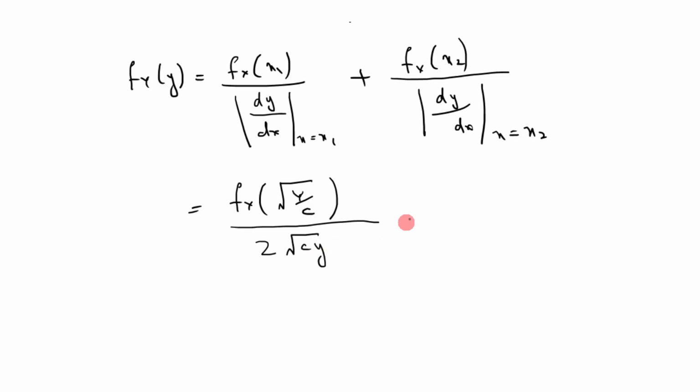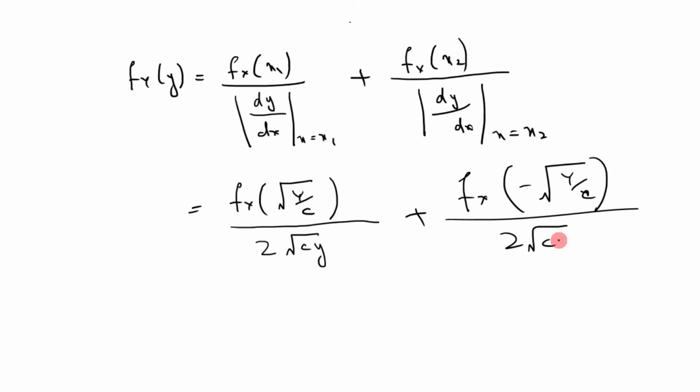Plus fx of minus under root y over c divided by 2 under root cy, where x2 is equal to this thing.